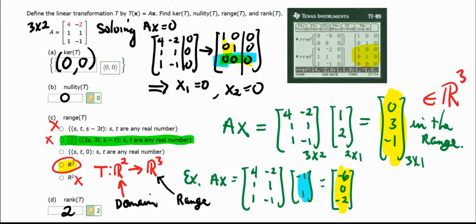So it looks like it's R3, but then we're kind of hesitant, because if it's R3, you kind of think that maybe you should have an X sub 3 sitting over there, of which we don't. But I think to make the conclusion that they do, 3S and 3T and then S minus T, here's the thing.